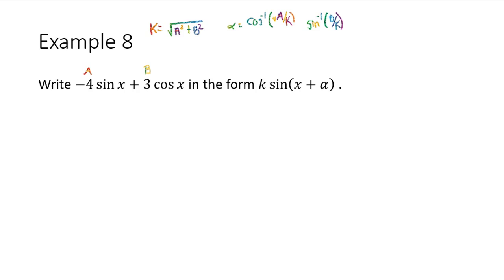All right, let's find k first. K is going to be equal to the square root of -4 squared plus 3 squared. This is the square root of 16 plus 9, which gives me the square root of 25, and the square root of 25 is just 5. So our k is going to be 5.